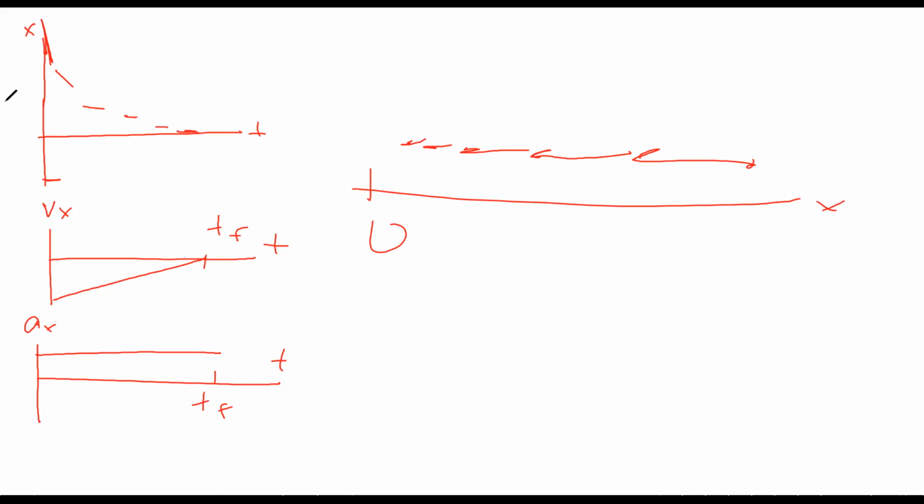These dashed lines represent the slope of the position graph, but that is the values of the velocity graph that are getting smaller. And sure enough, the slope of this line is the number right here. If this is like 2 meters per second squared, then the slope of the line is 2 meters per second squared.